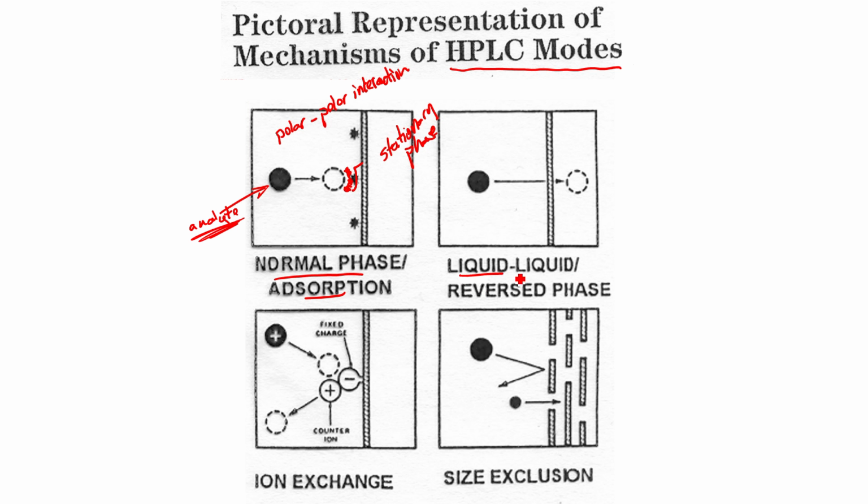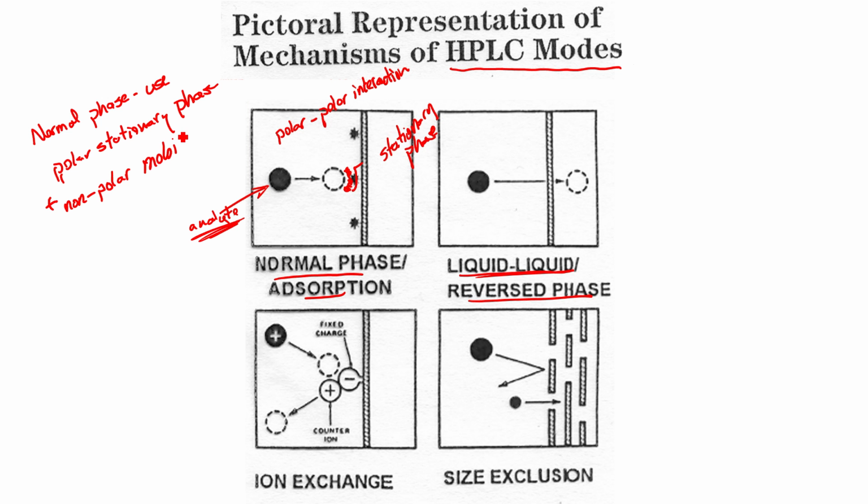Now in reverse phase, the difference is, and let's go back to what we call normal phase. So normal phase, that needs to be defined. Normal phase uses a polar stationary phase and nonpolar solvents. And so the solvents really should be called mobile phase.